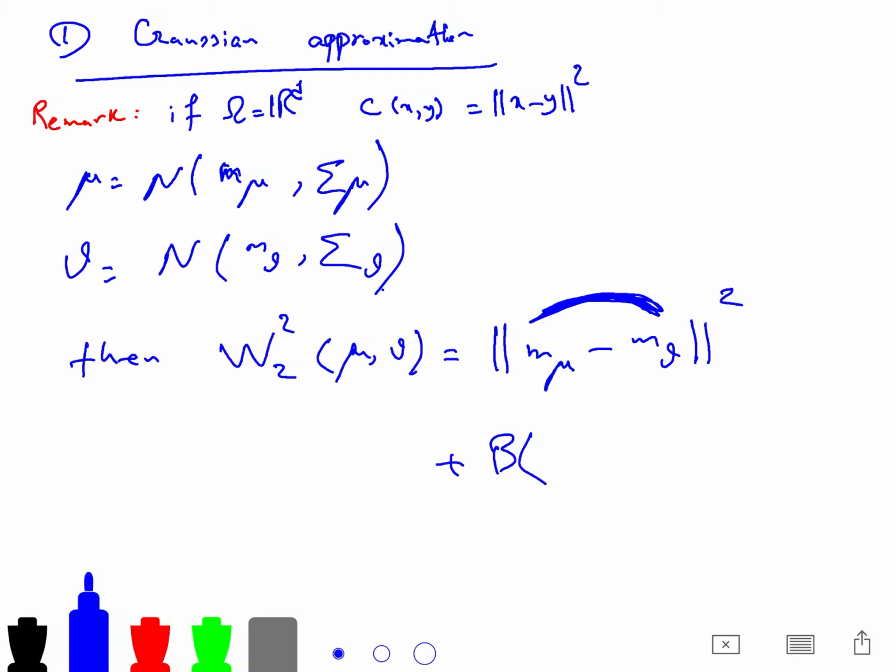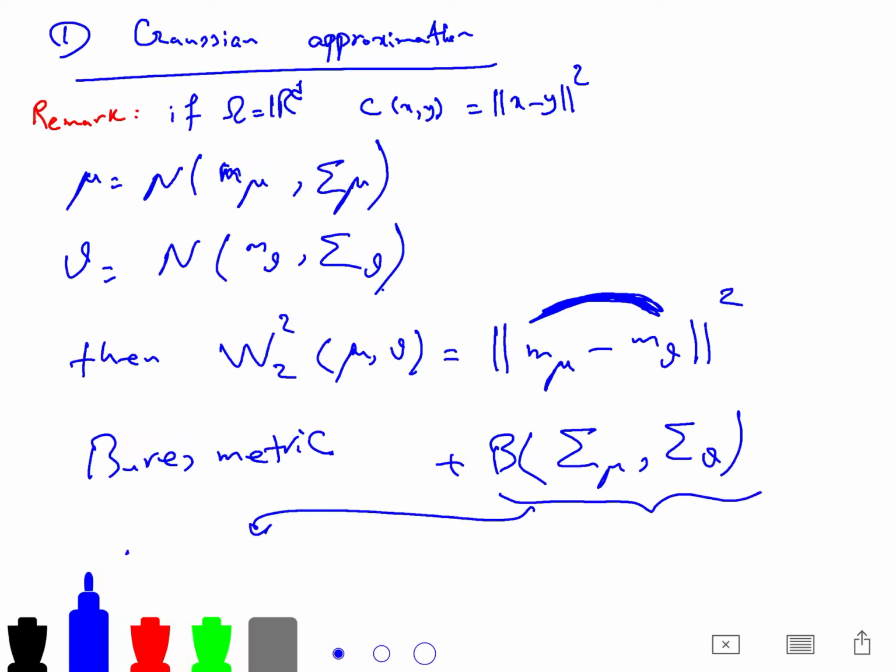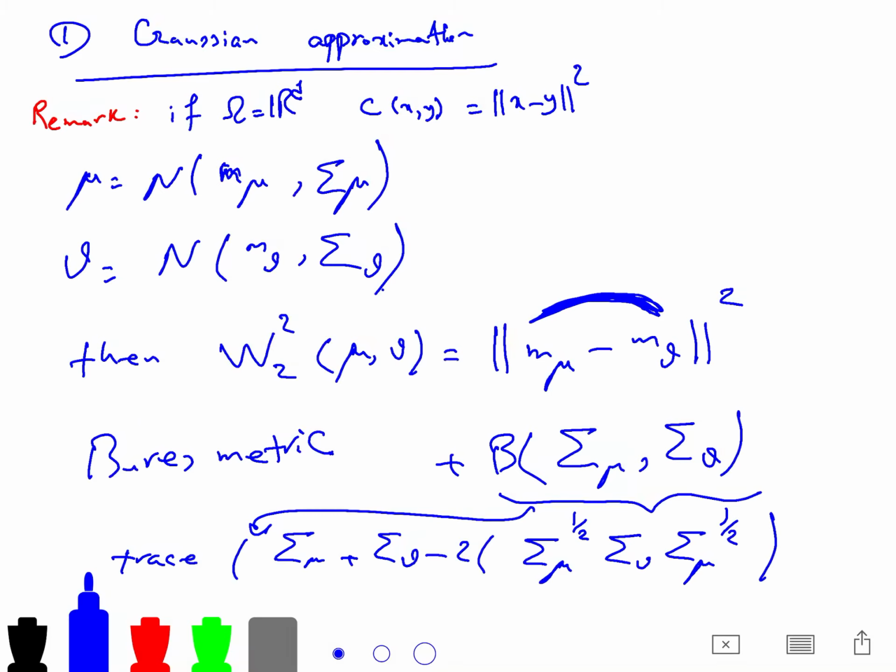This one plus B of sigma_mu and sigma_nu, where B is this matrix, and of course you can say that this is the trace of sigma_mu plus sigma_nu minus 2 (sigma_mu^(1/2) sigma_nu sigma_mu^(1/2))^(1/2). And so this is just a classic.